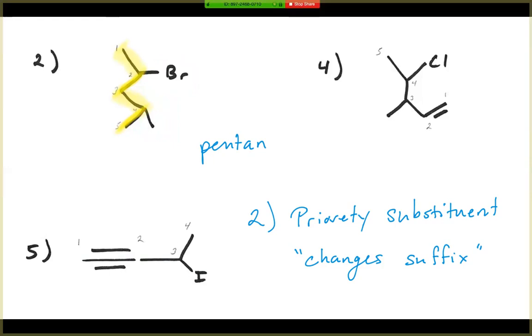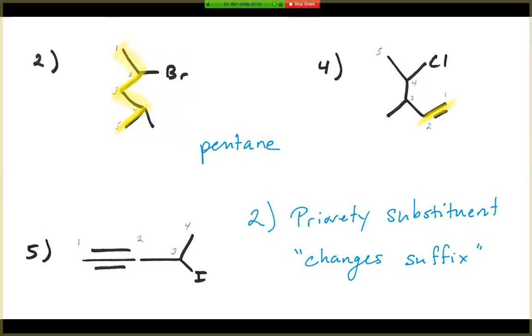So if I'm not looking at the methyl group, I'm not looking at the bromine, then that means I'm dealing with an alkane. How do I know it's an alkane and not an alkene or an alkyne? Because alkenes have double bonds and alkynes have triple bonds.